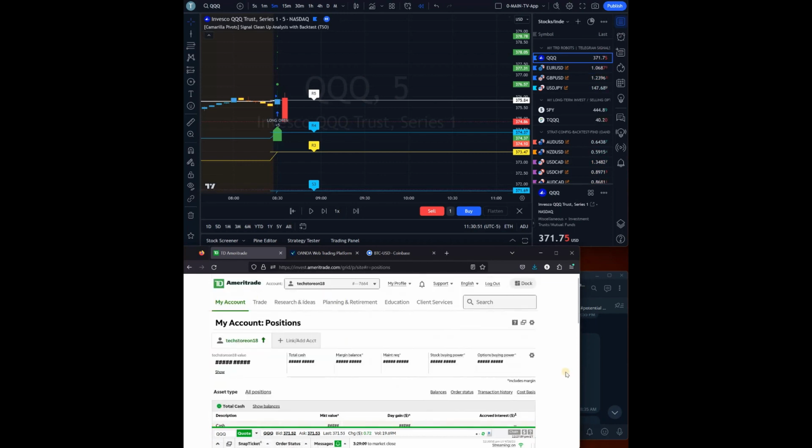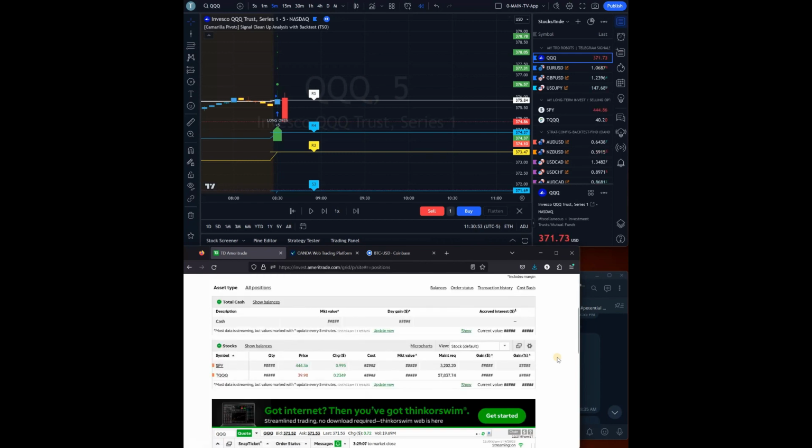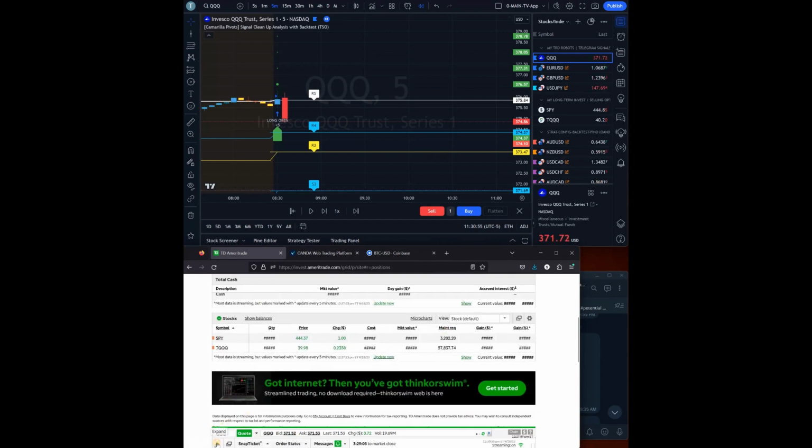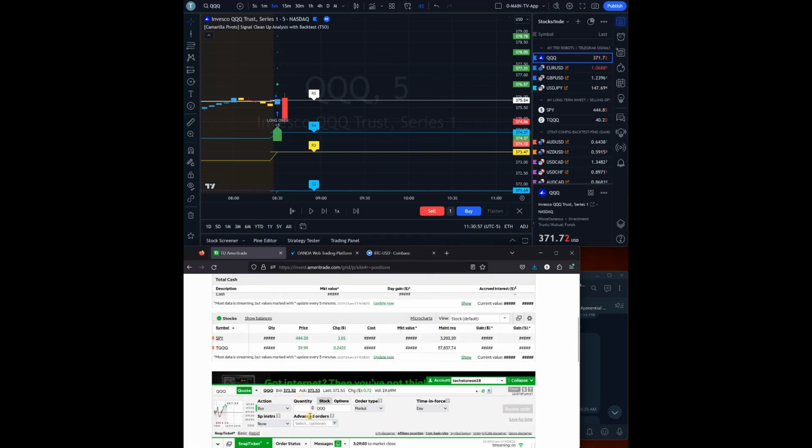I'm going to go ahead and use this quick open. Let me actually show you the balances, because you need to see what happens. This is long, so I buy. I'm buying 5 QQQ stocks.